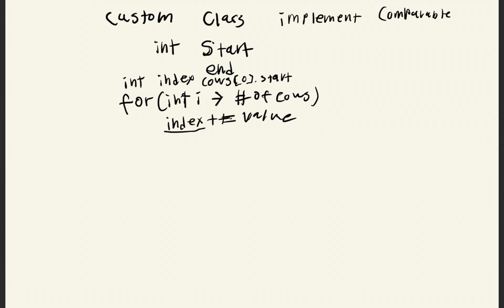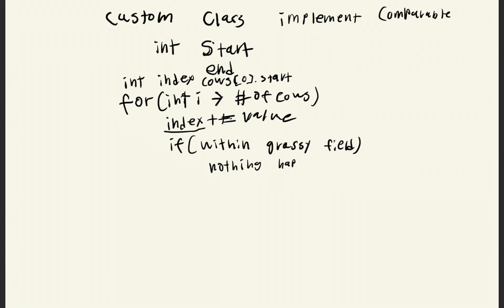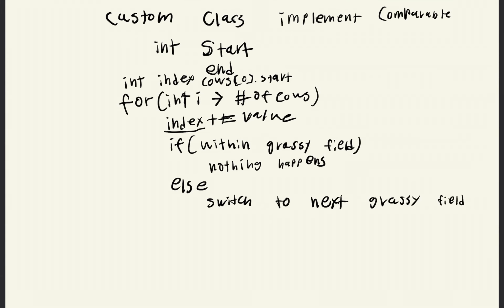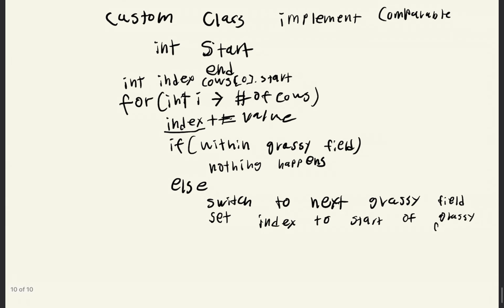If it is within a grassy field, then nothing happens. But otherwise, we'll switch to the next grassy field and set the index to the start of that grassy field.